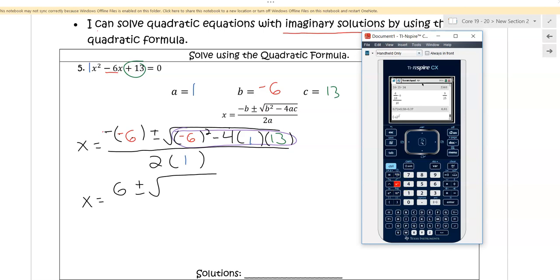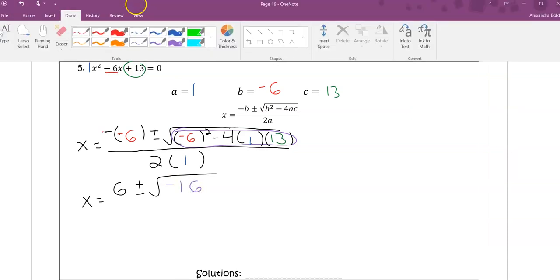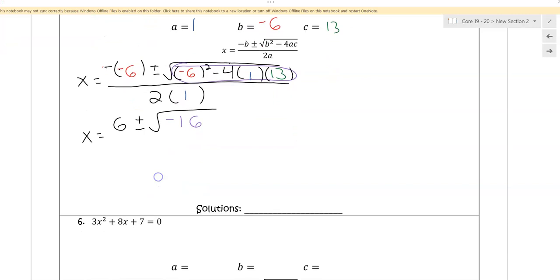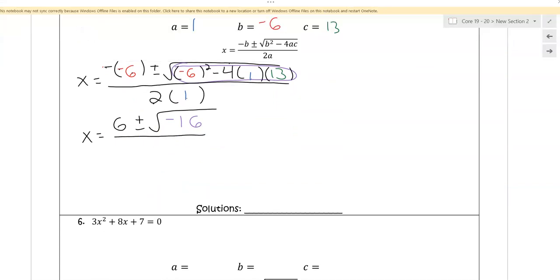So it's parentheses negative 6 and the parentheses squared. Okay, and we get negative 16. So we have 6 plus or minus the square root of negative 16, all over, right? And 2 times 1 is 2.